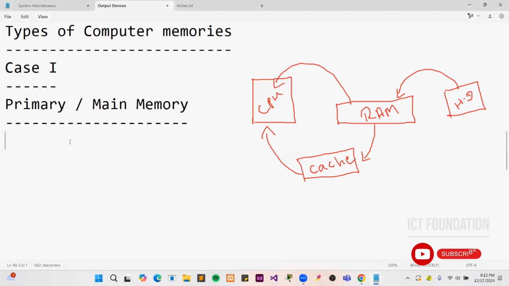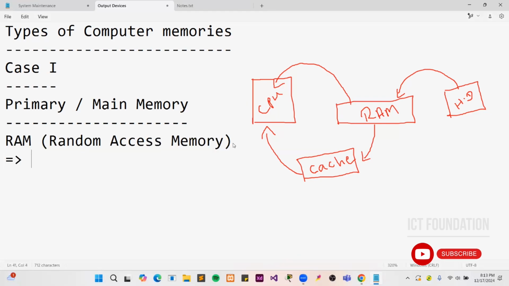The first kind of primary memory we have to know is RAM. RAM means random access memory. This RAM temporarily stores the data for the CPU. The thing is, it stores data temporarily, not permanently. Under the topic of RAM, we have three types in general.